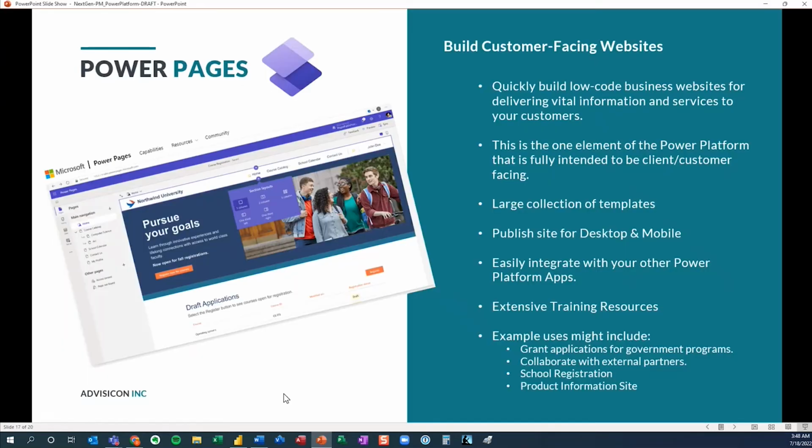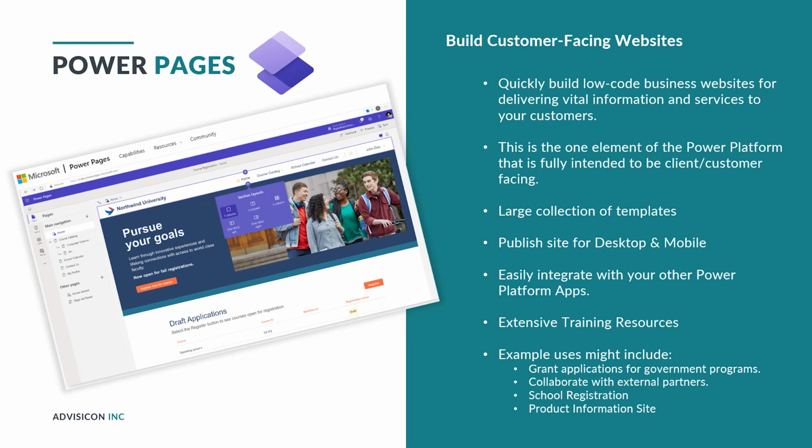The newest member of the Power Platform is Power Pages. This provides us the ability to build client-facing websites with a low-code application platform. This is the one element of the Power Platform that is fully intended to be facing clients and customers outside of your organization.